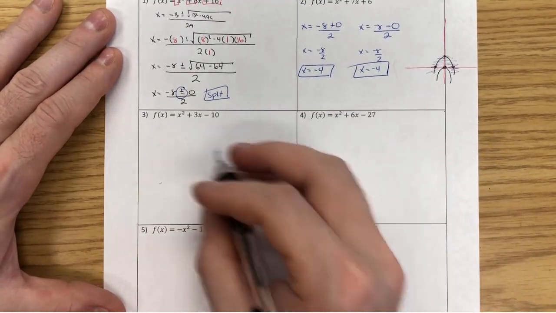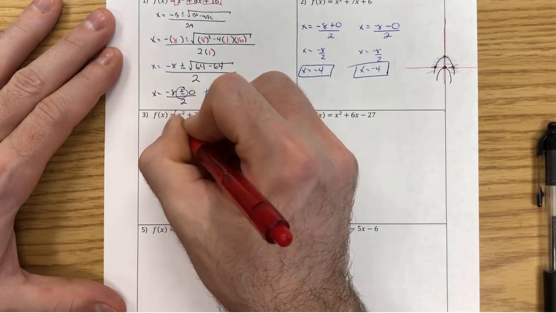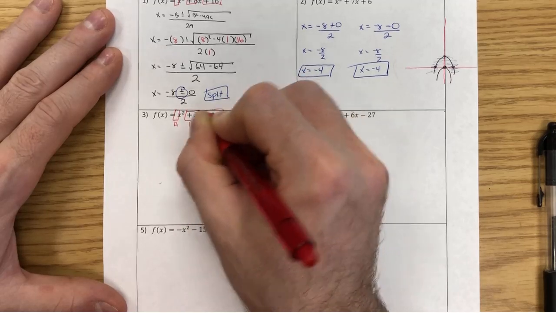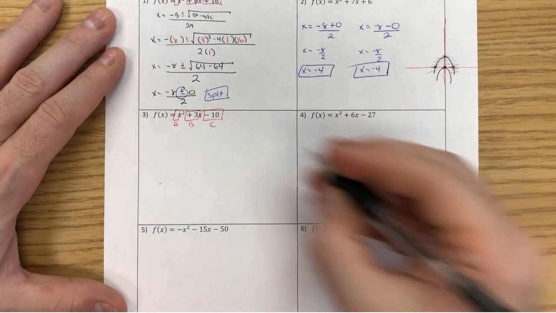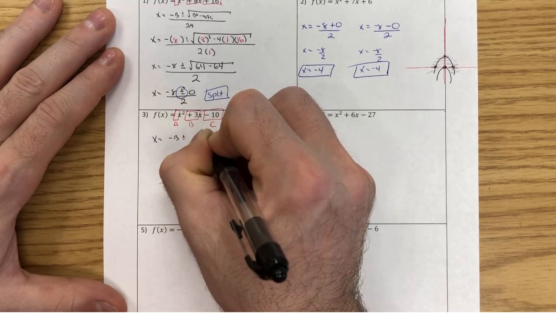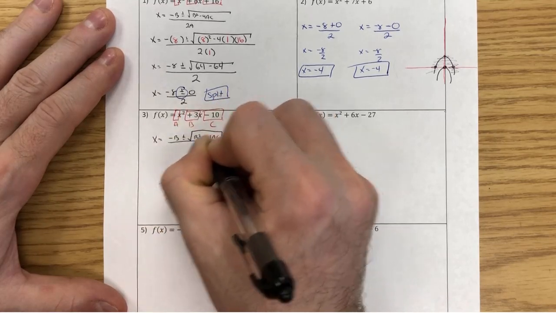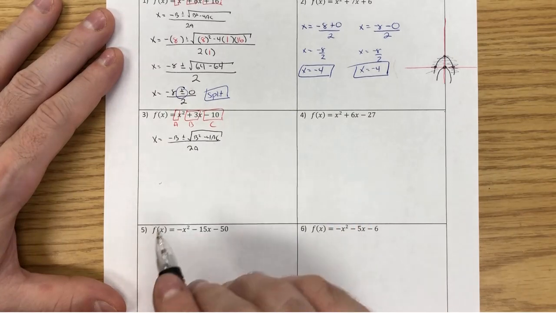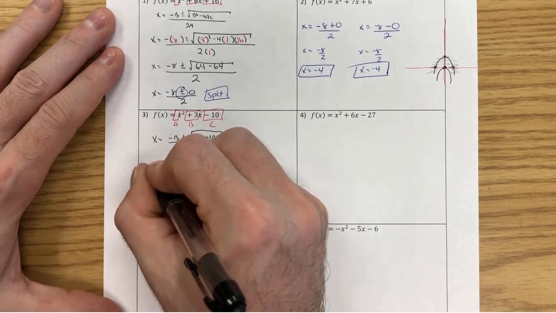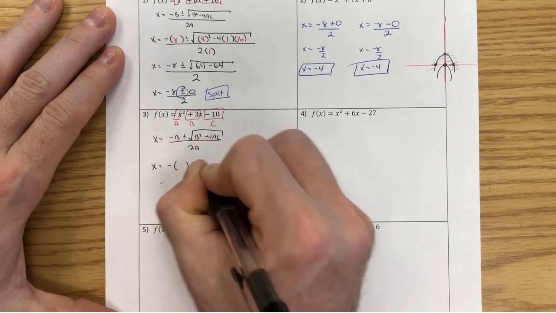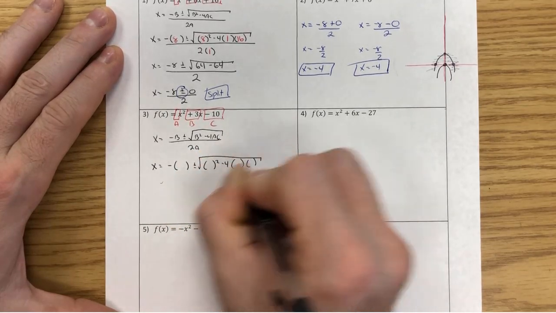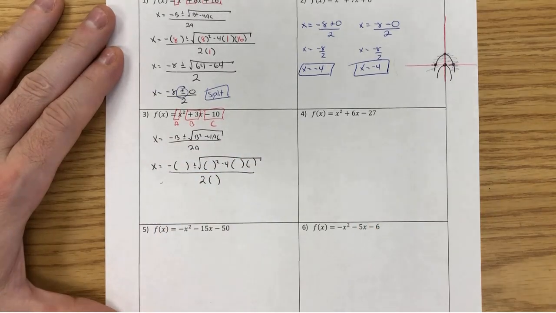So what we've got right here, I need to find my a, which again is 1. I need to find my b, which here is 3, my c, which is negative 10. And I'm going to plug it into the formula of vertex plus or minus the discriminant. Okay.